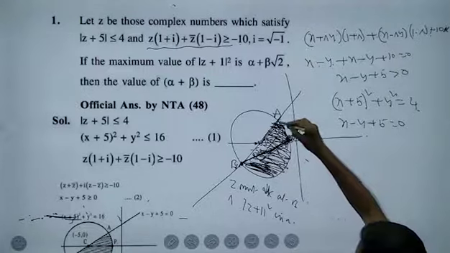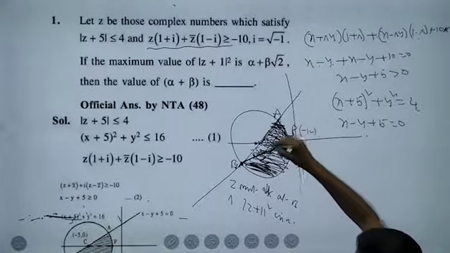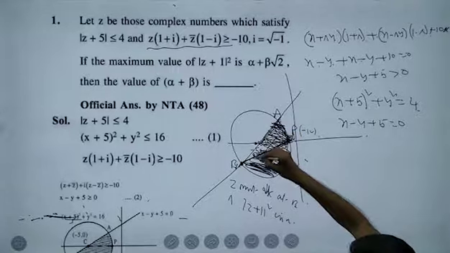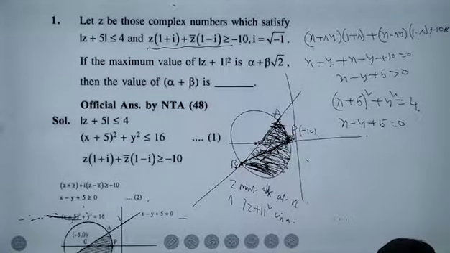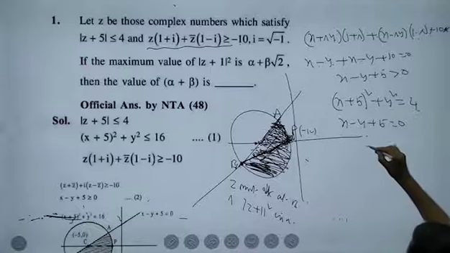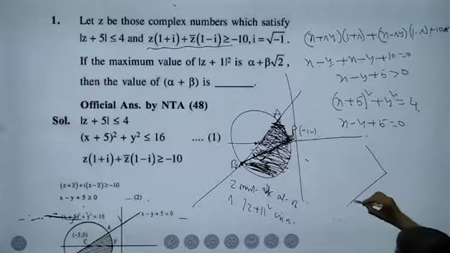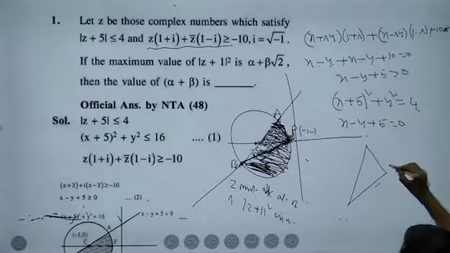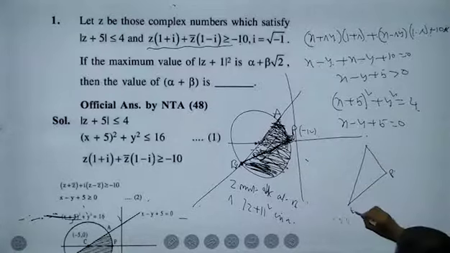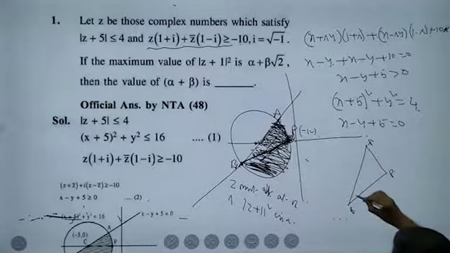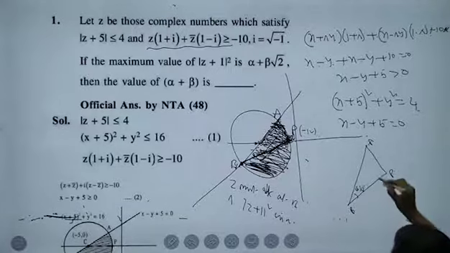So this is the chord. So this angle is what? pi/4. This is pi/8. So actually the triangle is like this. This is P, this is B, this is A. So this is pi/8. This is what? pi/2.